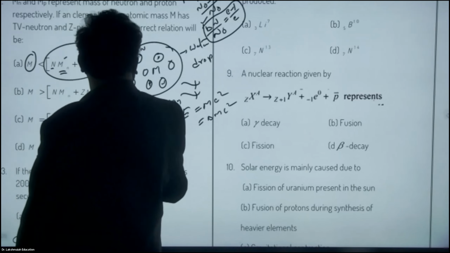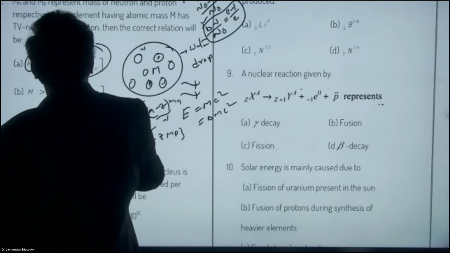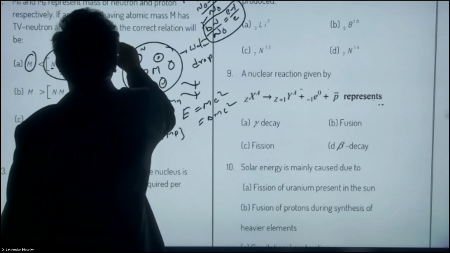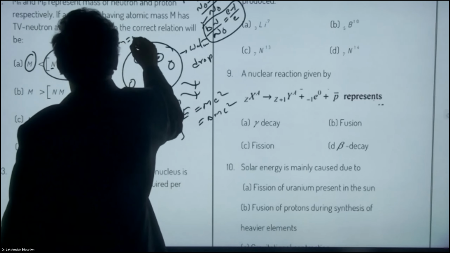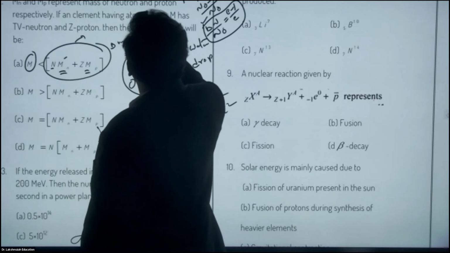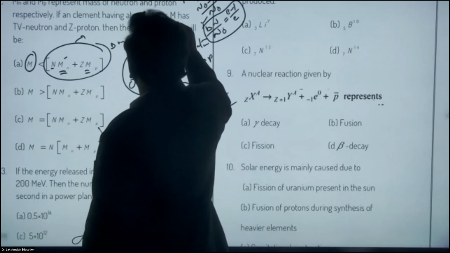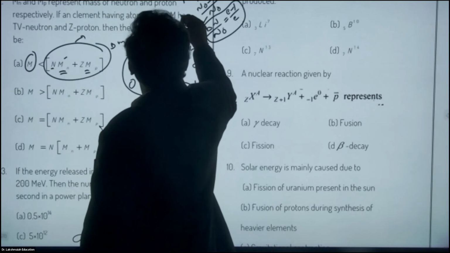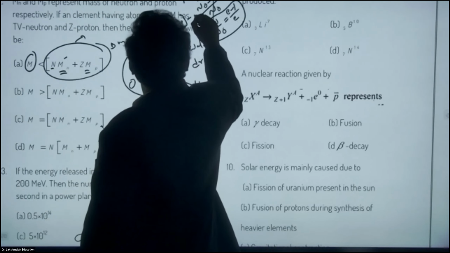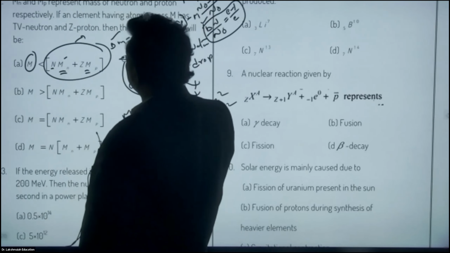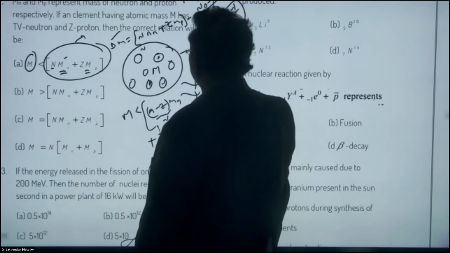So how do you find the mass defect? Delta M is equal to number of neutrons into mass of the neutron plus number of protons into mass of the proton minus M. That effective mass will give you the mass defect, which you can convert into energy.